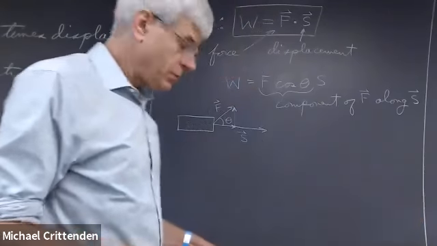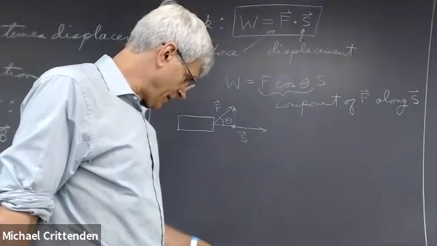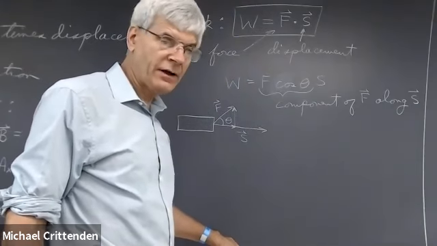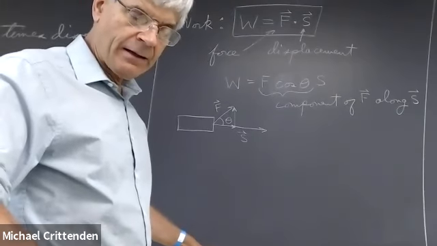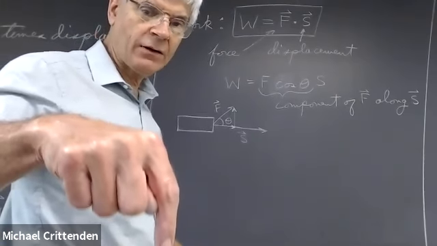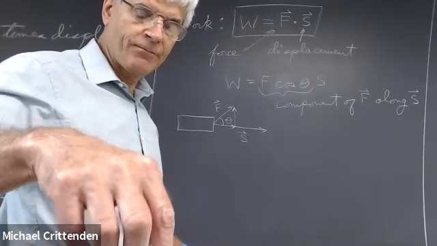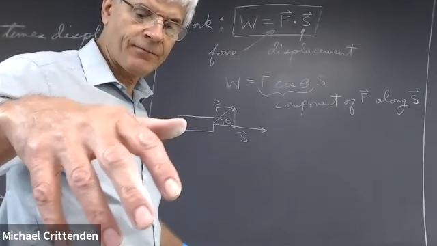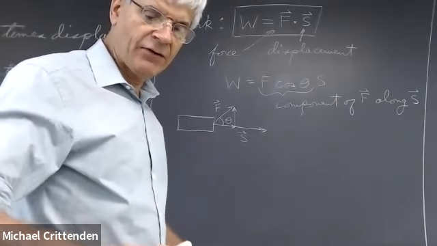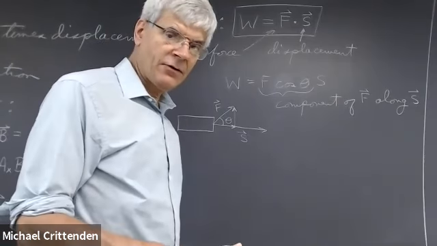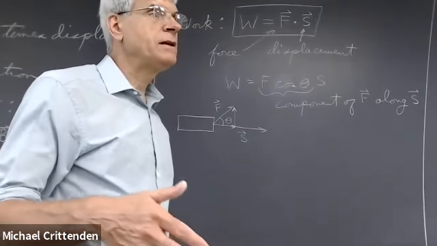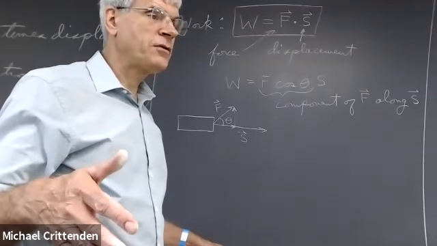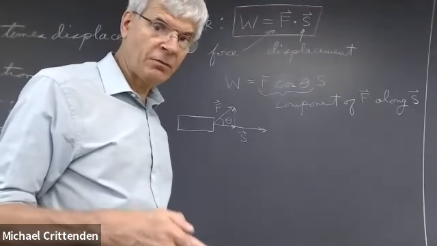If I had one end of a spring attached to the wall over here, and the other end attached to a block sitting on the table, and then I let go of the block, as the block slides along the table, the spring gets less and less stretched, which means the force from the spring gets smaller and smaller.